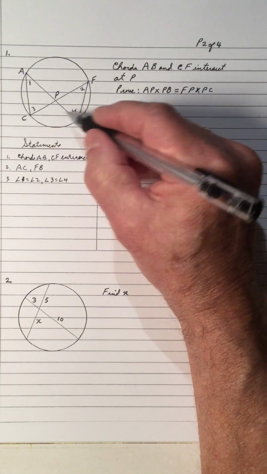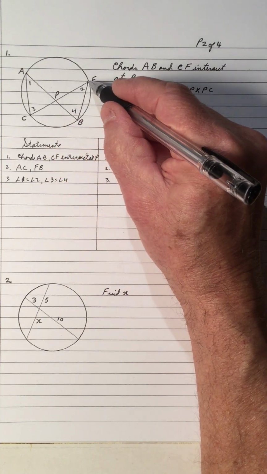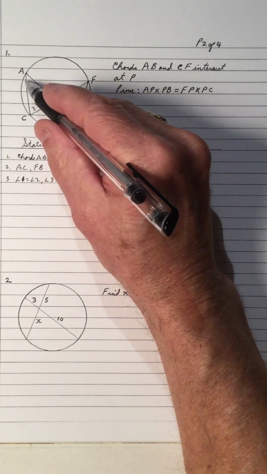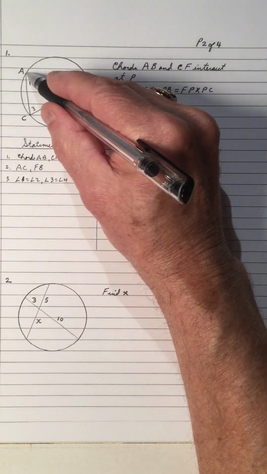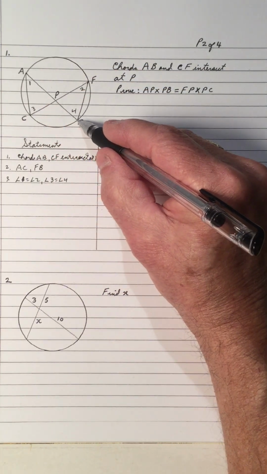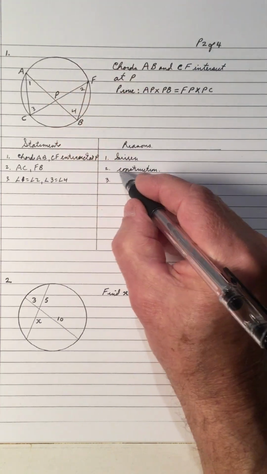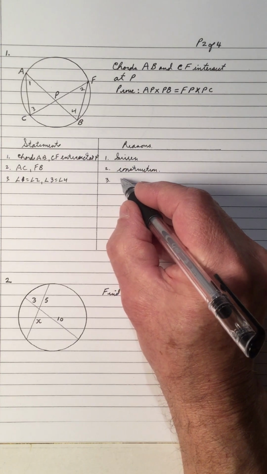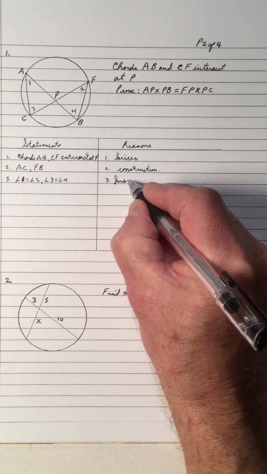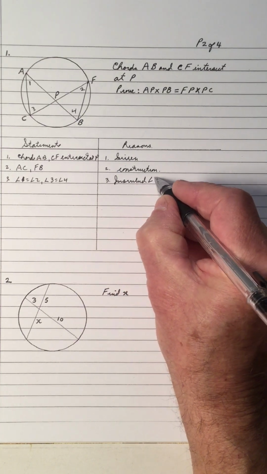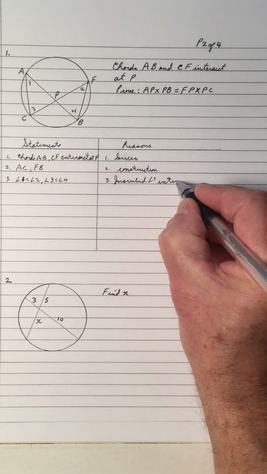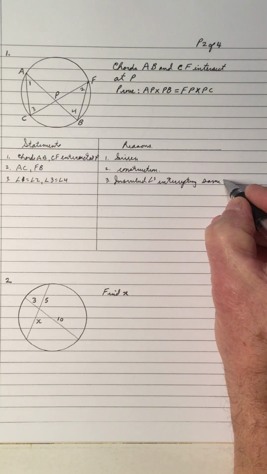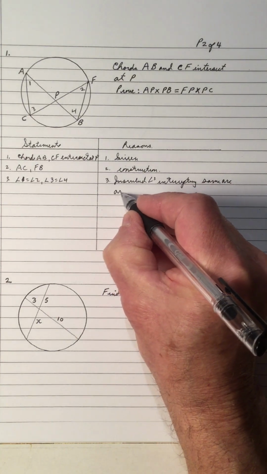This is an inscribed angle made up of CF and FB, two chords with a vertex on a circle. This is an inscribed angle intercepting AF, and this is an inscribed angle ABF intercepting AF. So that's two inscribed angles intercepting the same arc. Inscribed angles intercepting the same arc are equal.